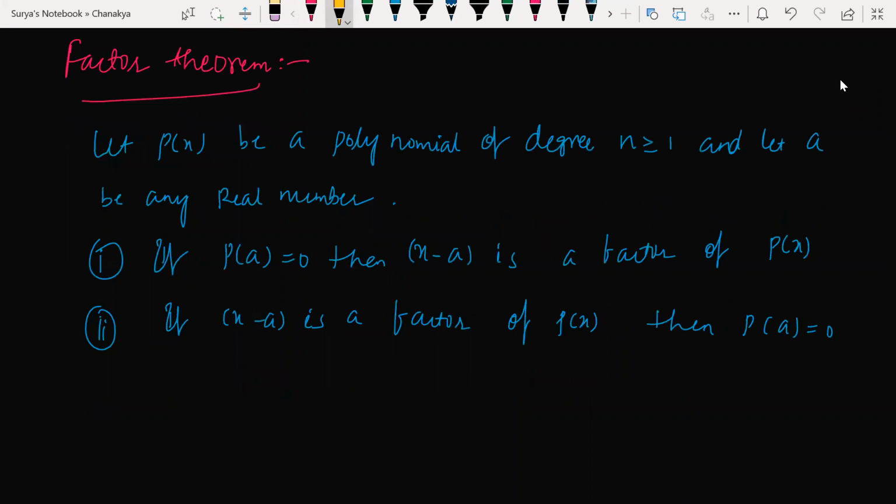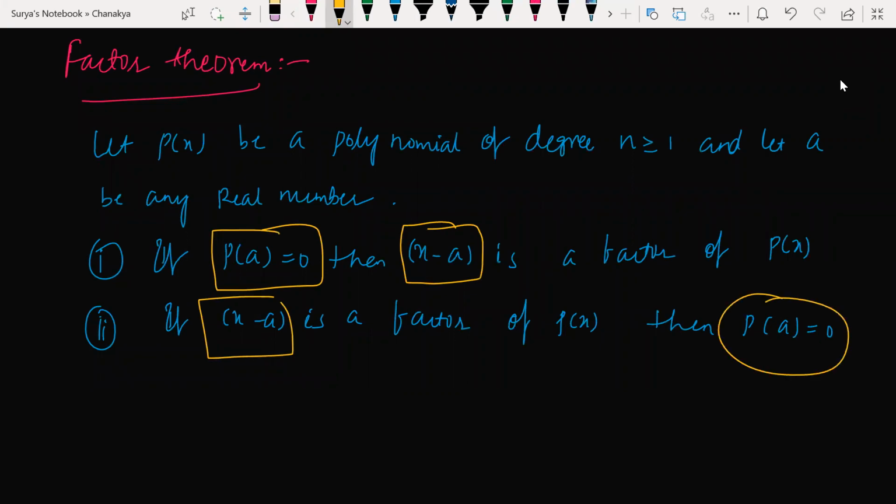See here, if p of a is equal to 0, then x minus a is a factor. If x minus a is a factor, then p of a would be 0. Vice versa. Understood my point? Any doubts?